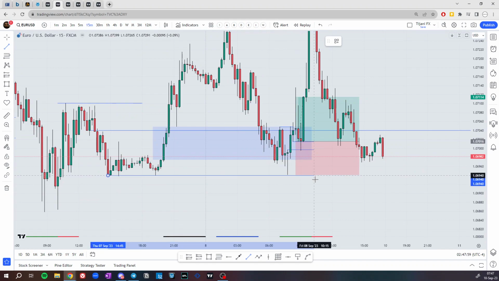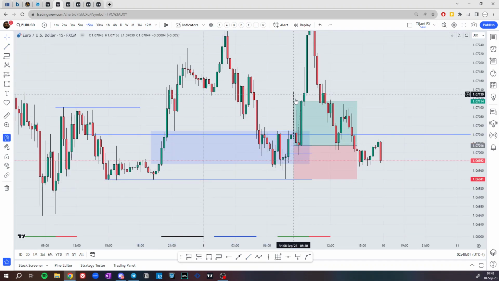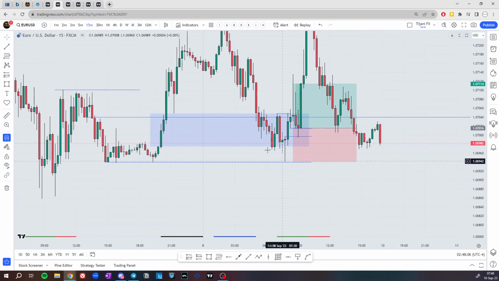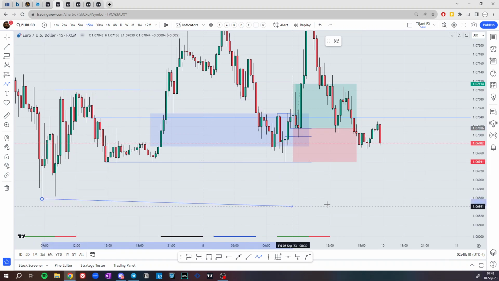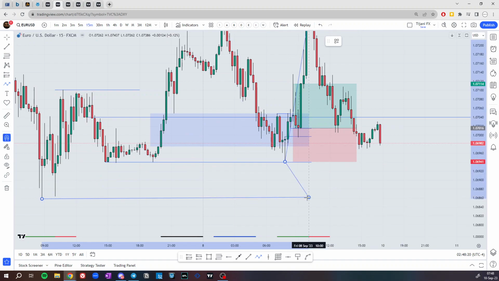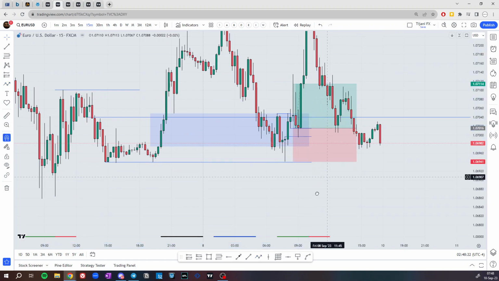We have equal lows here. We could say price could take this high here, then drop lower, taking me out. If price takes me out from this fair value gap, for me there is a higher chance that price is going to take these lows also. So I would be waiting at that time to see what is going to happen, right?